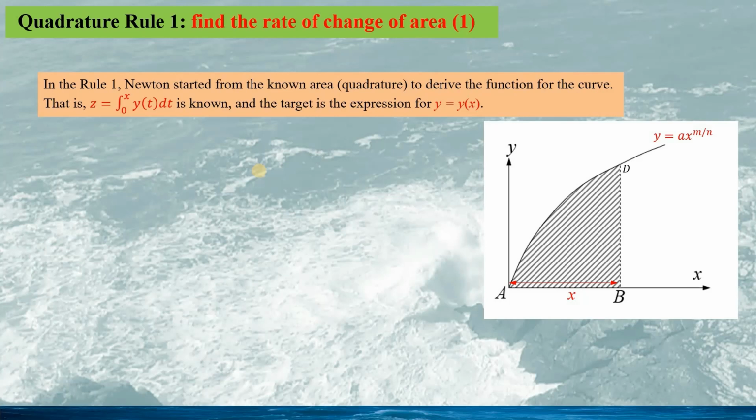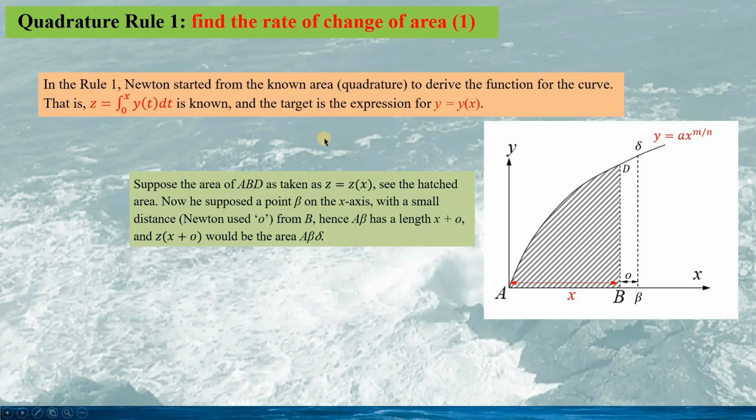In the next few slides, the proof of the quadrature rule 1 will be made, and we will see how Newton solved the complicated problems. It is interesting to see Newton used an unusual way to prove the quadrature rule.